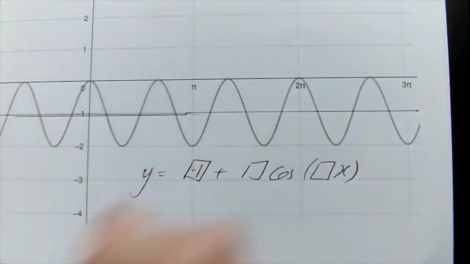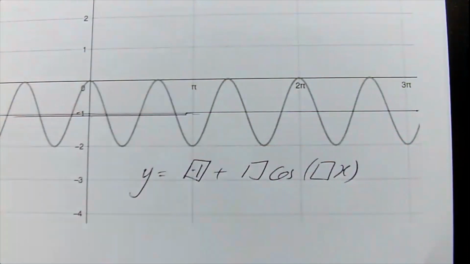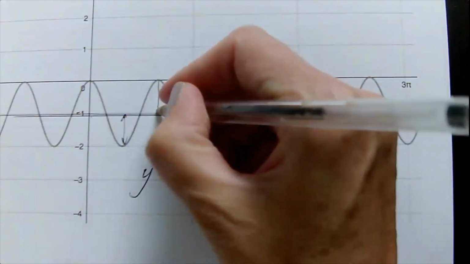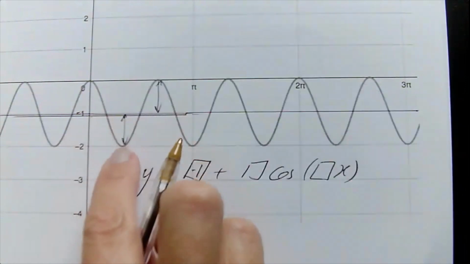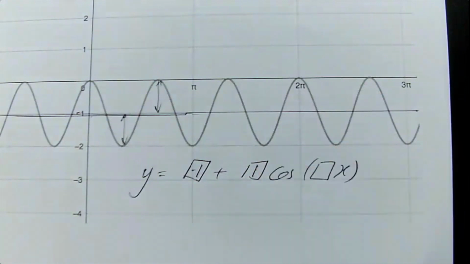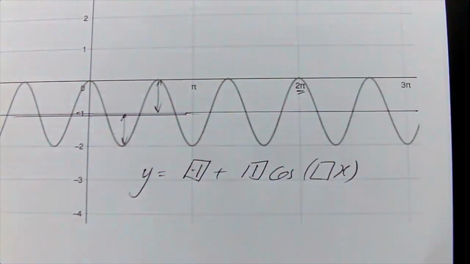So -1 is going in there. Now, what do I need now? Okay, the amplitude. So the distance between that midline equation and the max and min, okay, we just have a gap of 1.